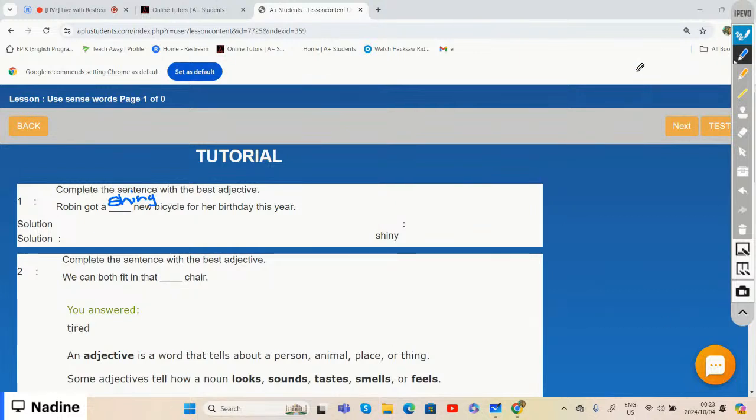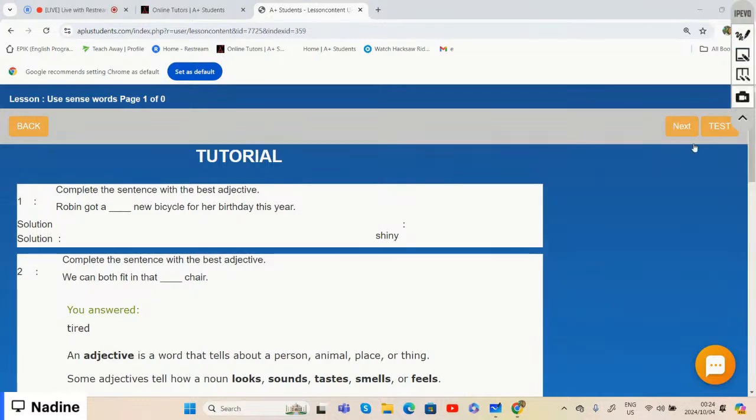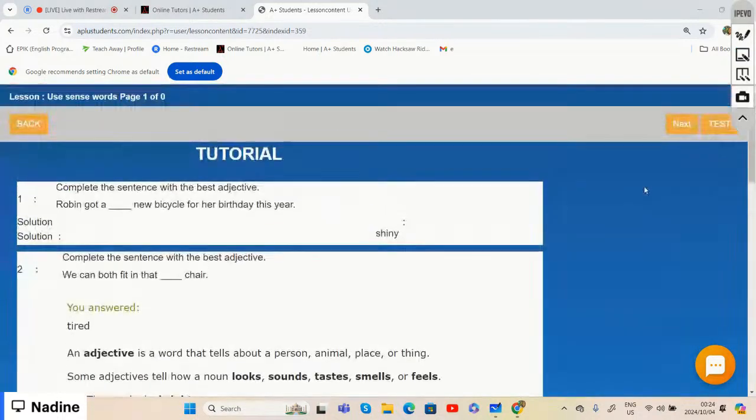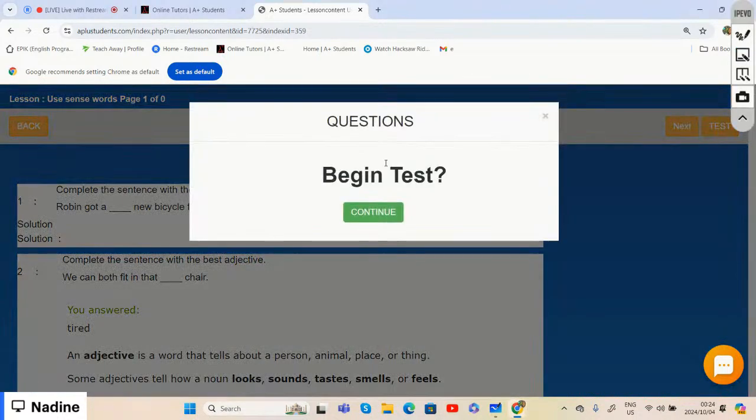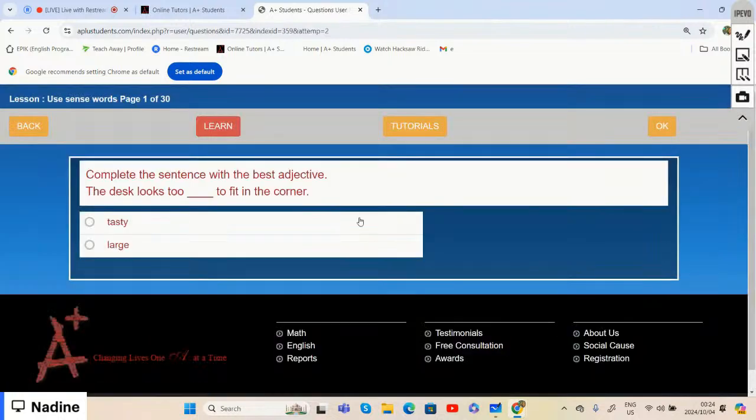And we can say we both fit in that. How big is the chair? We're describing it wide chair because it's a wide or big chair. All right. So now let's go to our test where we are going to use sense words.